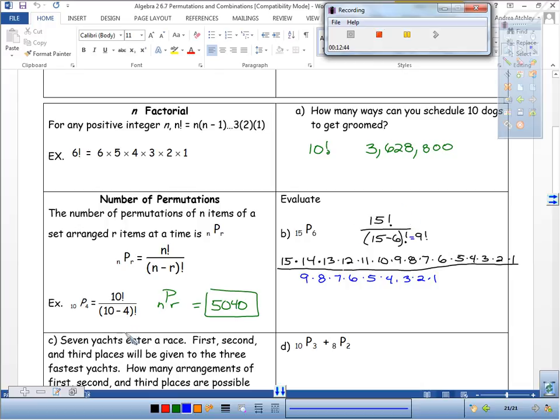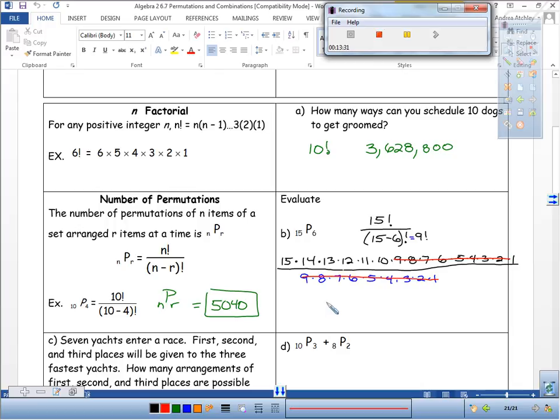Any other questions? Now let's review our amazing division skills. What's 9 divided by 9? What's 8 divided by 8? Right, 7, 6, 5. So I can really just cancel all of this out. For those of us who don't have our wonderful calculators, you just need to multiply 15 times 14 times 13 times 12 times 11 times 10.